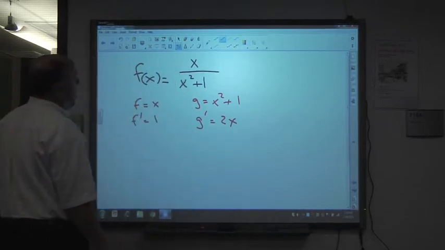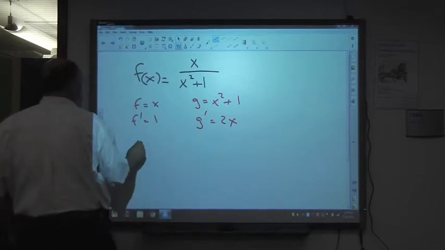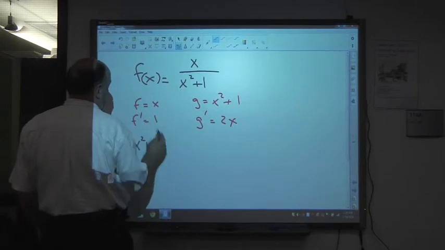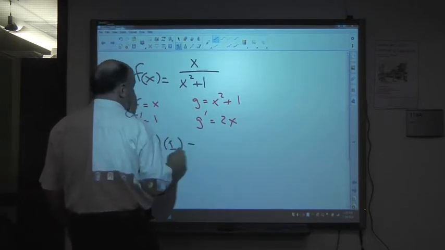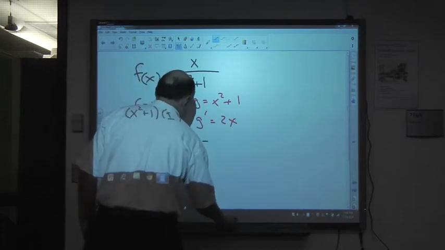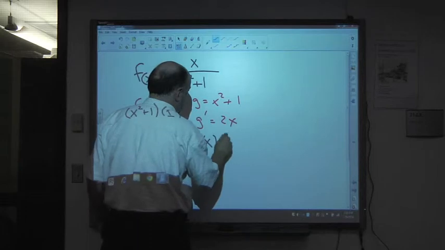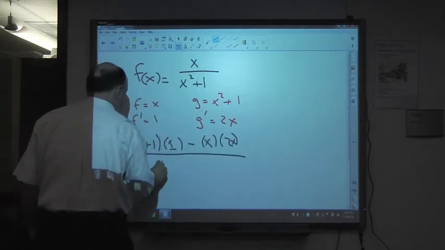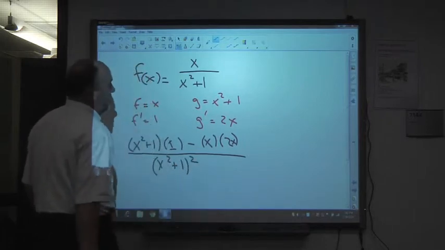So now if I plug that into my quotient rule, my derivative will be x squared plus 1 times the derivative of the top, which was 1, minus the top, which was x, times the 2x, all over the bottom term squared. Right?